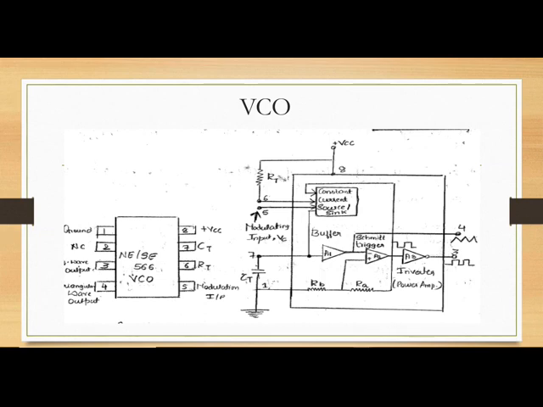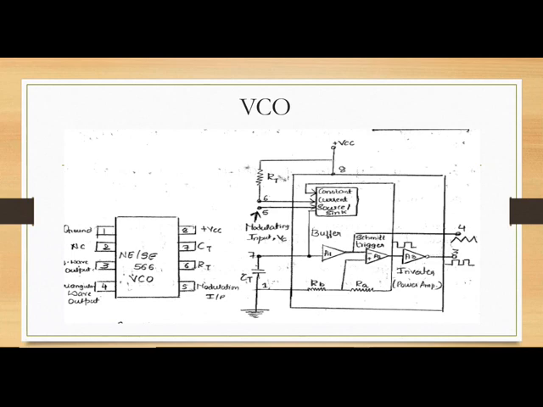The amount of current is controlled by changing the voltage VC which is applied to pin number 5, or by changing the timing resistor RT which is connected externally to the IC. The voltage at pin number 6 is held at the same voltage as that of pin number 5. So this RT or the modulating input VC controls the amount of current.